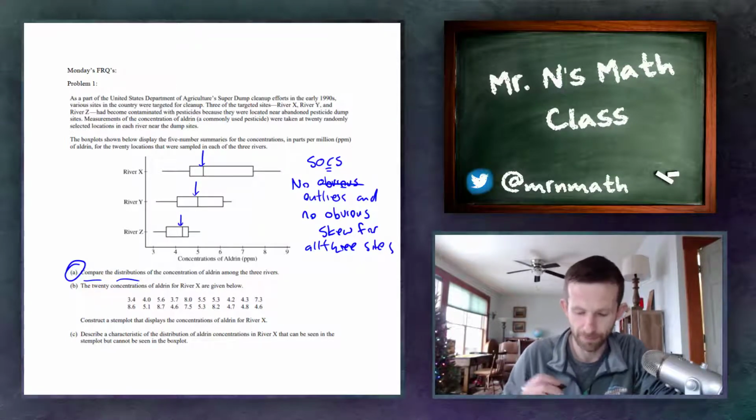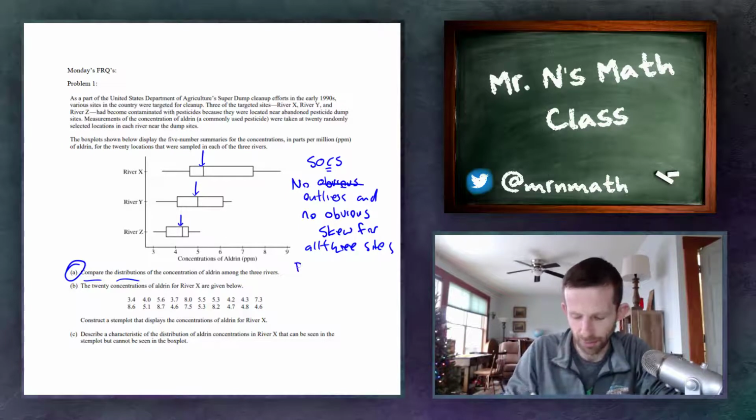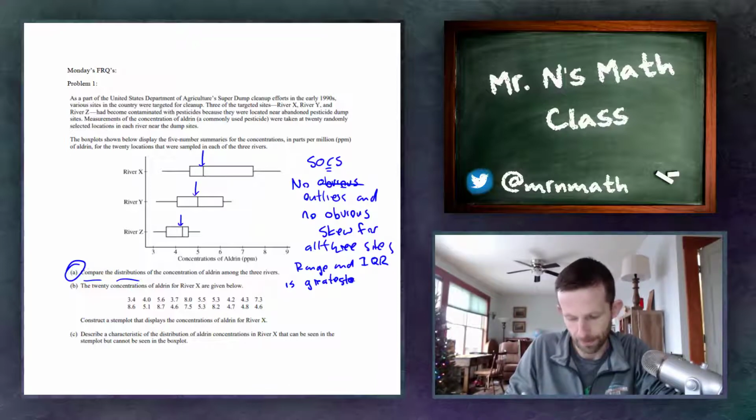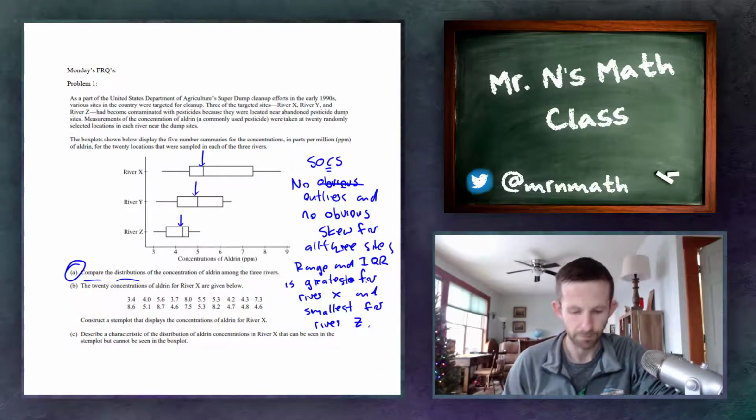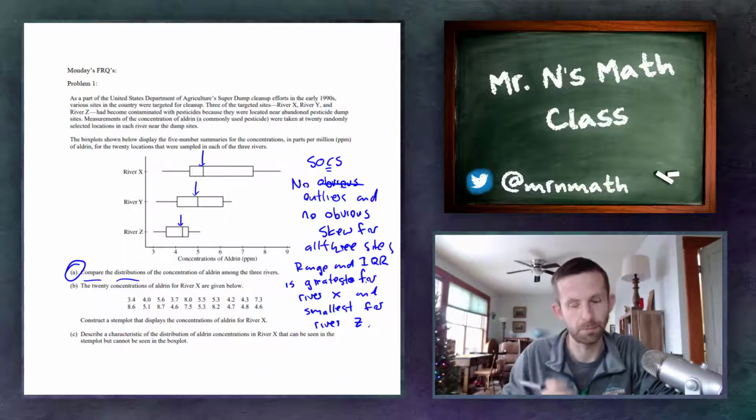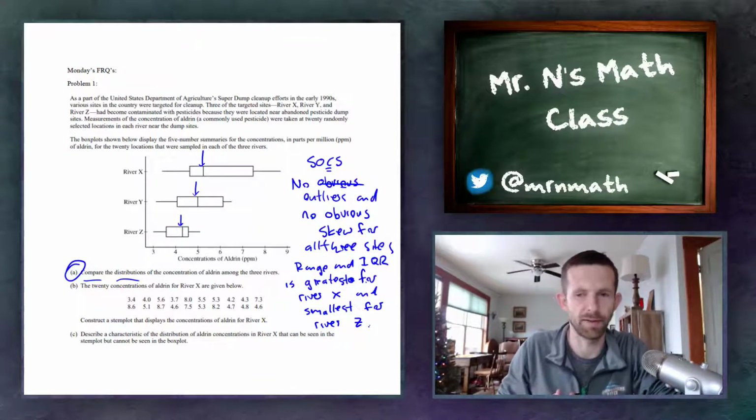For spread, the range and interquartile range (IQR) is greatest for river X and smallest for river Z. So that compares the shape, no obvious skew.